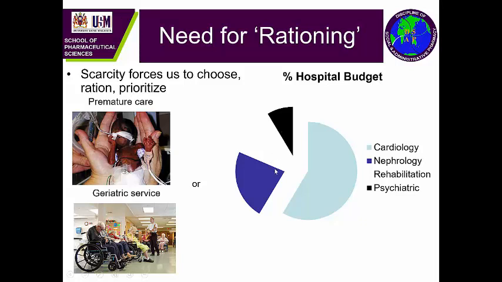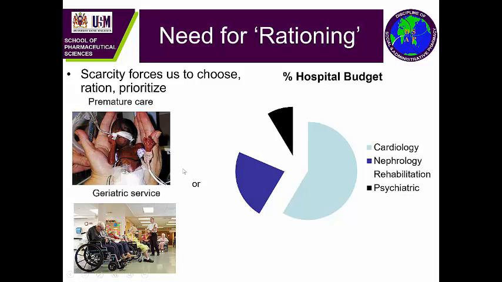So increasing the budget for cardiology doesn't mean that we are going to add another piece of cake here. But in order to increase the size of the piece of cake for cardiology, we are going to take it from some other pieces here or here as well.